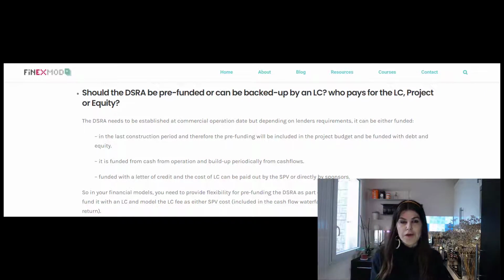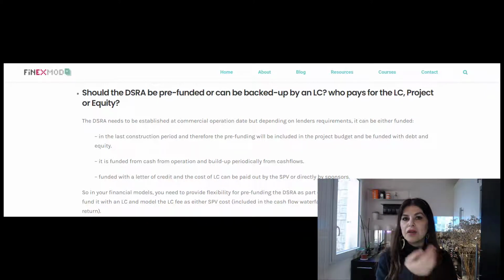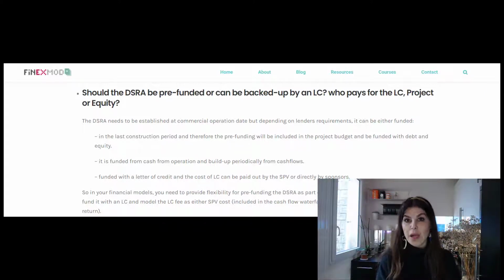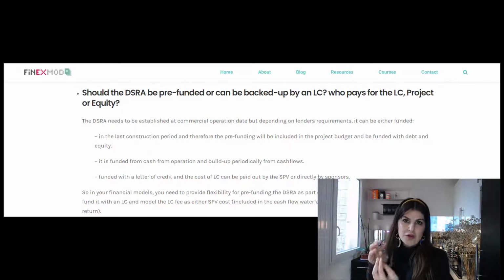For example, if you consider a hydro project, which takes 2, 3, up to 5 years of construction, having idle cash sitting there and accumulating interest on it is not very productive. So most of the time, lenders allow you to establish that debt service reserve account in the last construction period.